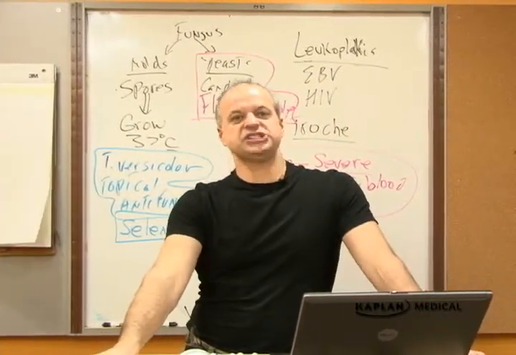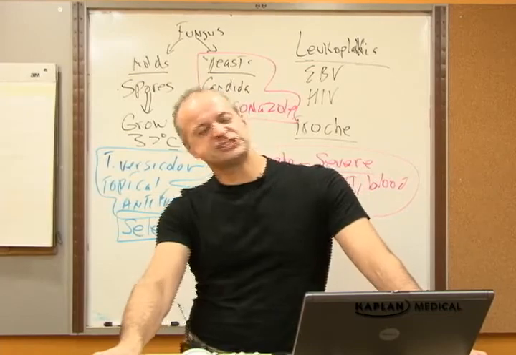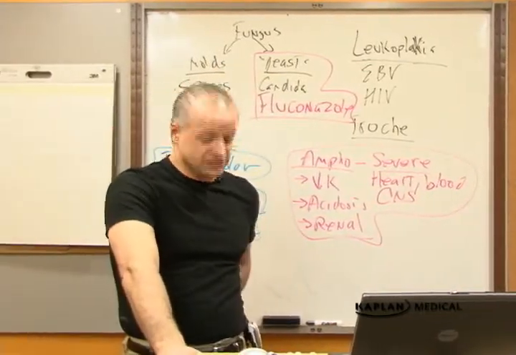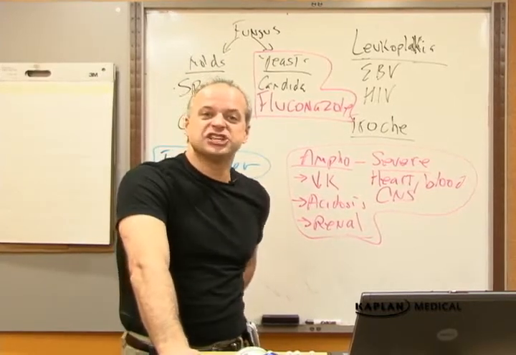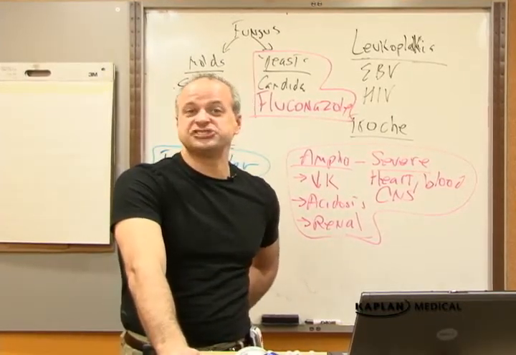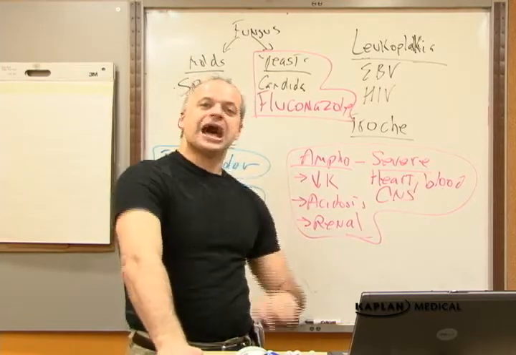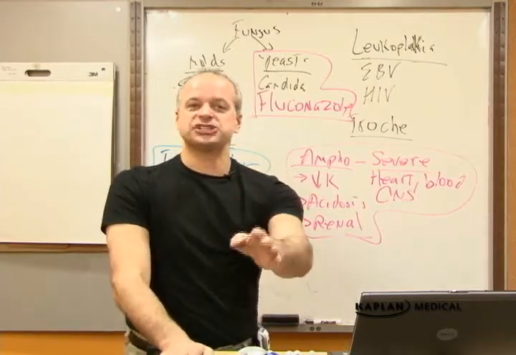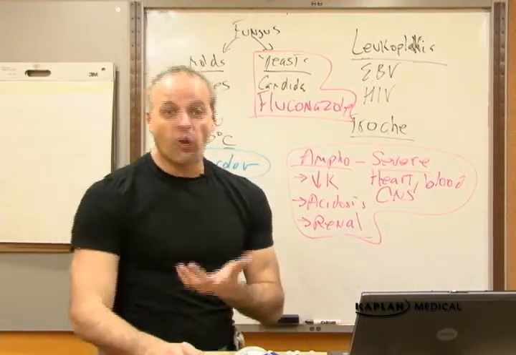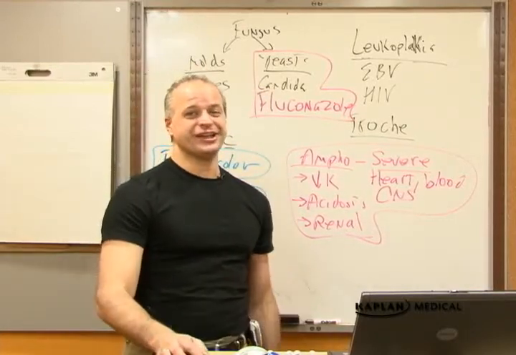Selenium sulfide, which is a topical antifungal, is also known as Selsun Blue. Not that I work for drug companies. But the point is, selenium sulfide is a dandruff drug because dandruff, also known as seborrheic dermatitis, is a hypersensitivity reaction to a superficial fungal infection called Pityrosporum orbiculare.